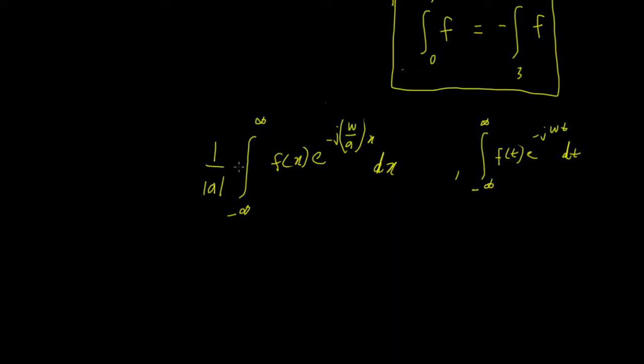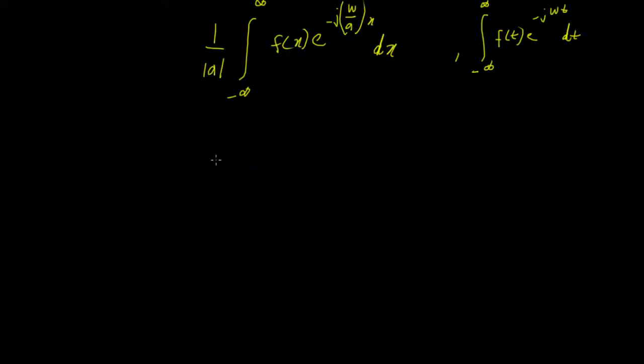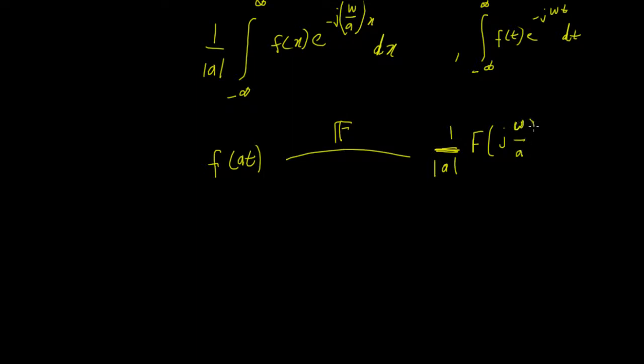And now the only difference there is we've got this extra term 1 upon a, so you can then say f of at, and when you find a Fourier transform of it, you're going to get 1 upon the modulus of a, times, now it's no longer the Fourier transform of omega, because now we've got a factor of a in, so it's now going to be j omega upon a, okay.